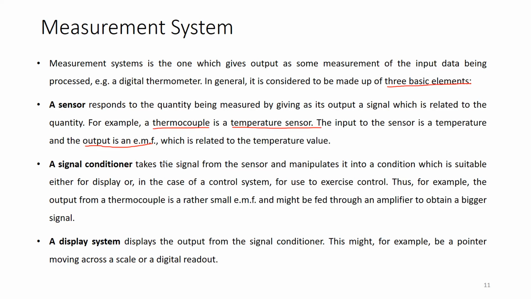And lastly, the display system, which will show you the display as a digital output in the form of an LCD display, LED display, or there could be a pointer also as written over here, which will give you an analog value such that the pointer will move or rotate on the display system.